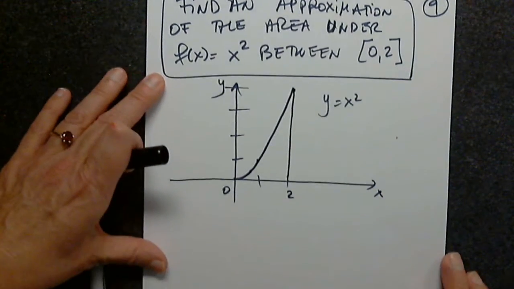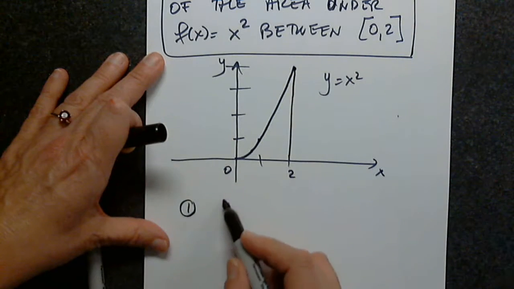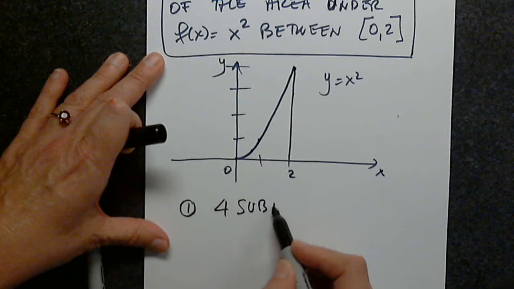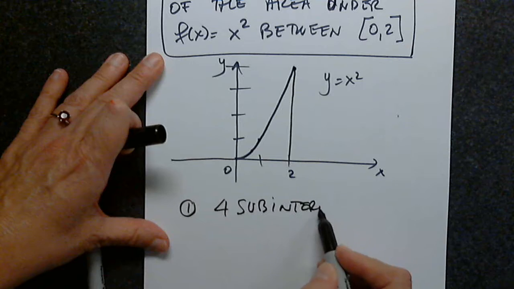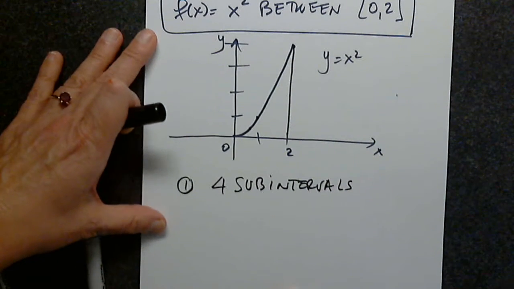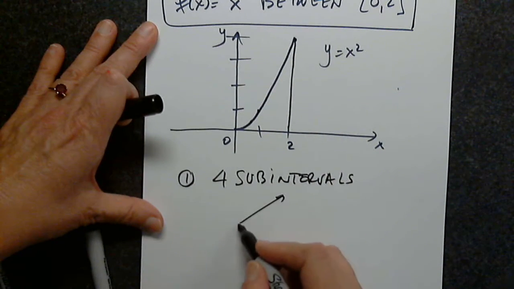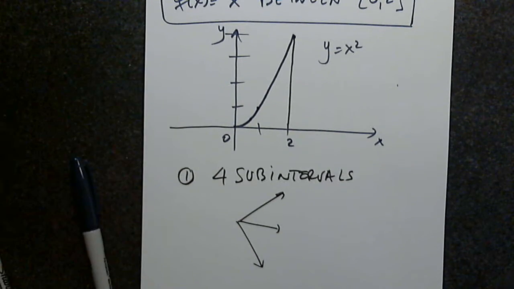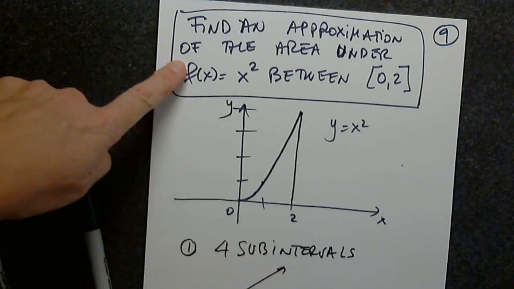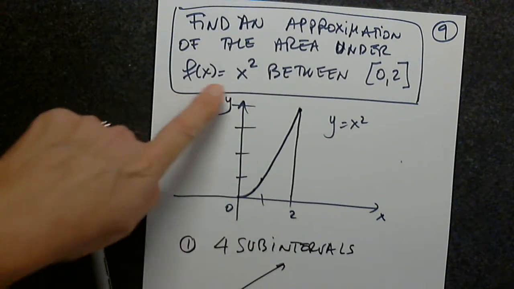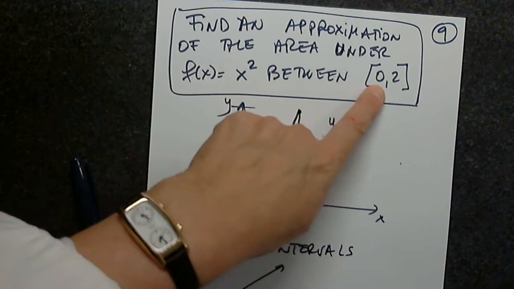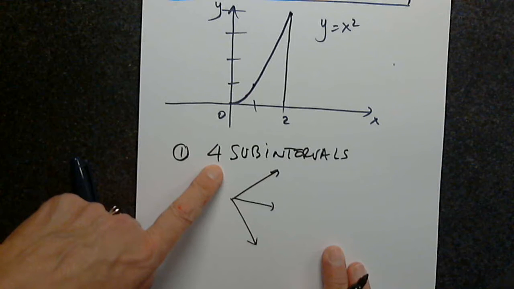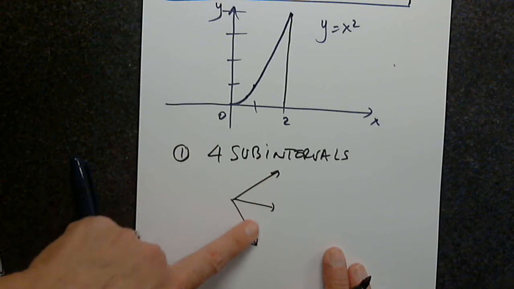Okay. The first step, we're going to use 4 subintervals. And we have 3 possibilities. So we want to approximate the area under the graph of x squared between 0 and 2 with 4 subintervals. And we have 3 options.